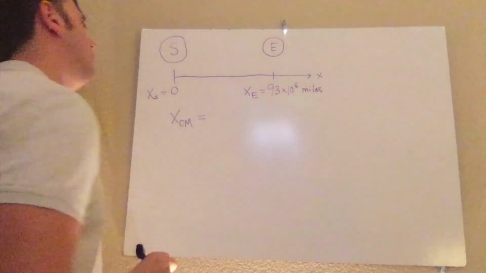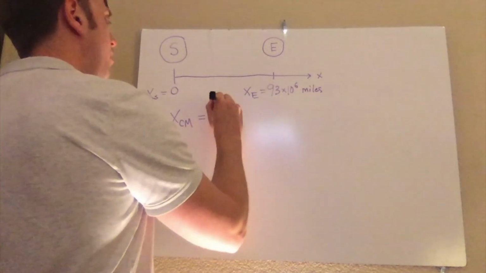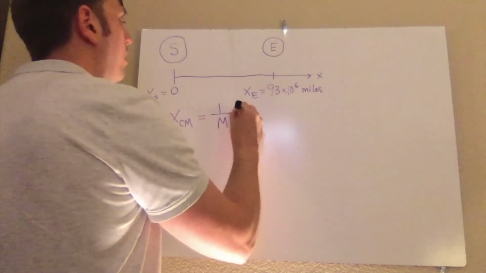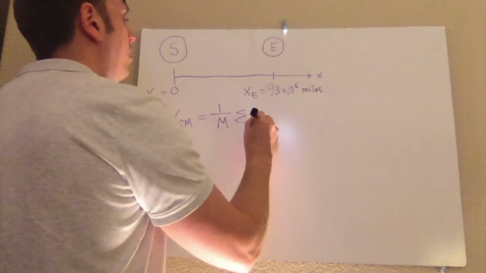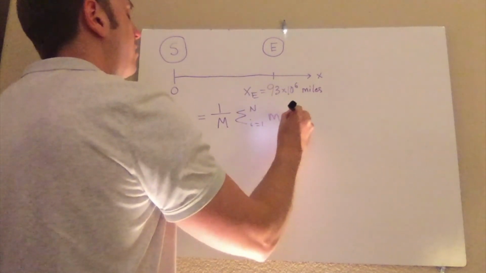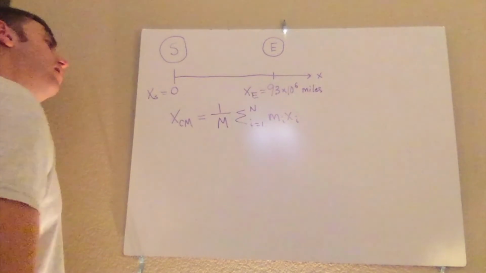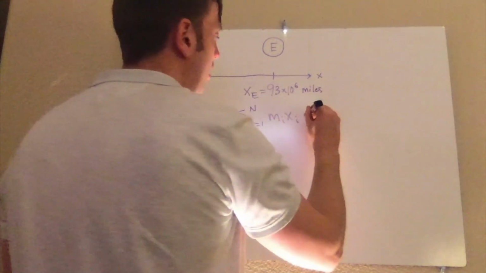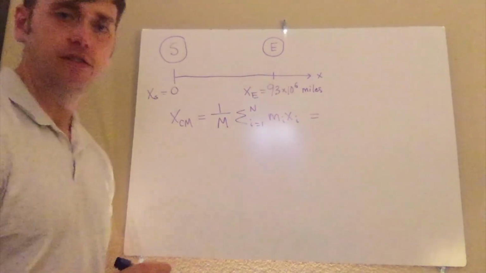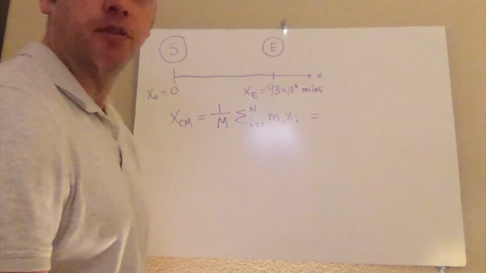So the x-coordinate of the center of mass is equal to 1 divided by the total mass times the summation of mass times x. Now, in this case, n is equal to 2. We have two objects, so this is a pretty straightforward sum to do.